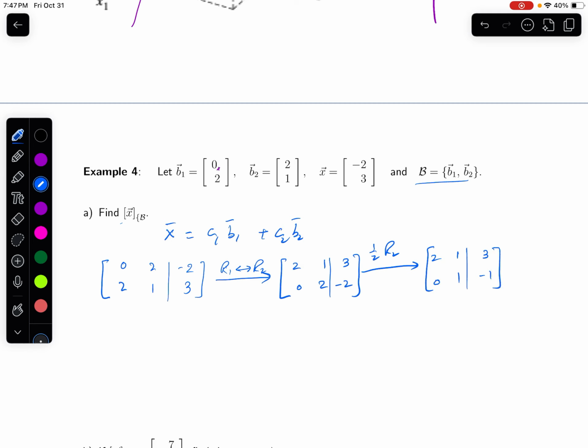To get my answer, I have to make this entry 0. So I will multiply the second row by -1 and add it to the first row to get 2, 0, 4, and then the second row is just 0, 1, -1.